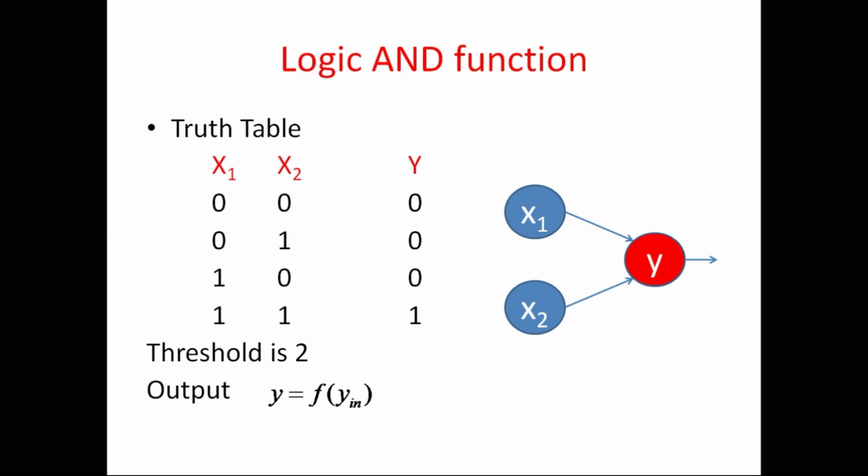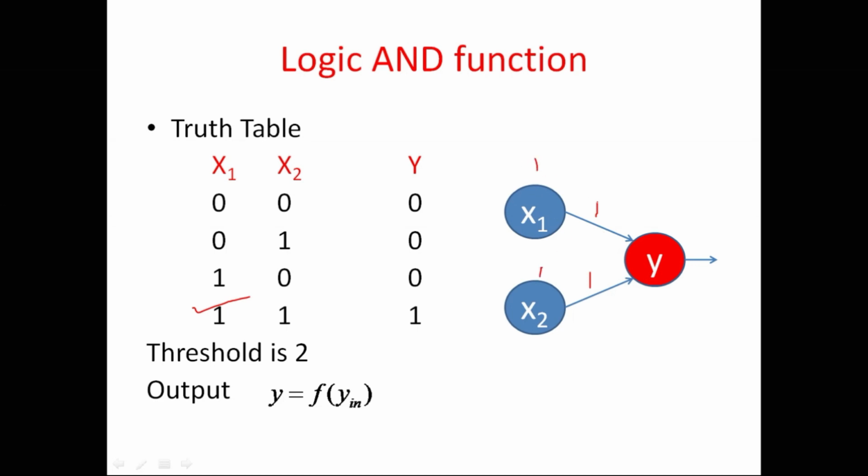For the fourth case, I need to get the output y as 1. So if I put the weight for x1 as 1 and x2 as 1, I am checking the last case. Let me explain clearly here. This value is 1, and this value is also 1. So x1 value is 1 and x2 is also 1.